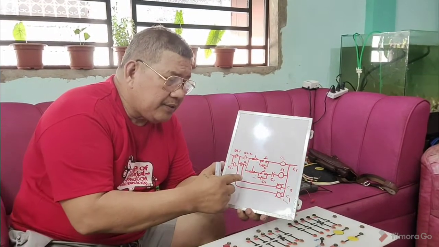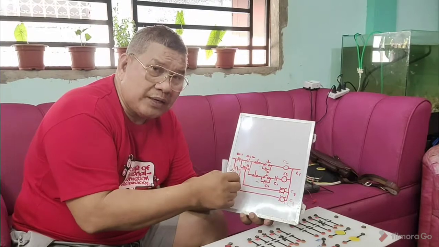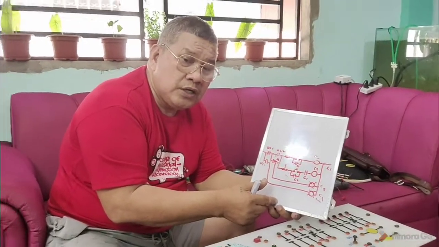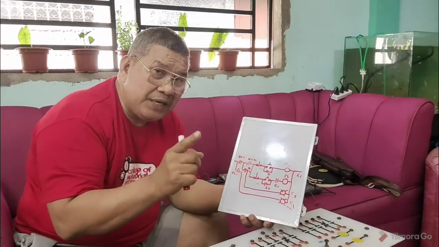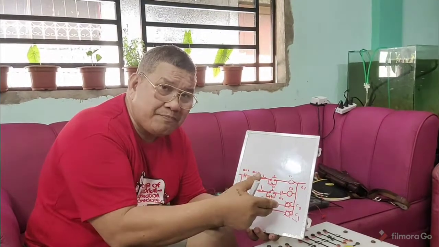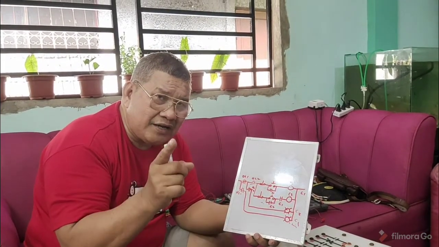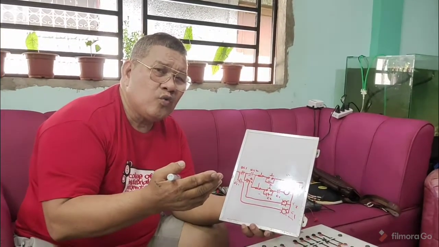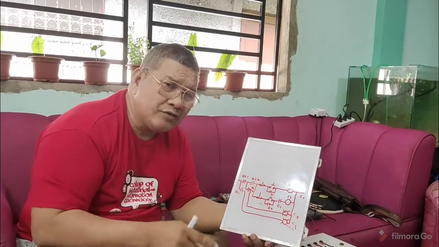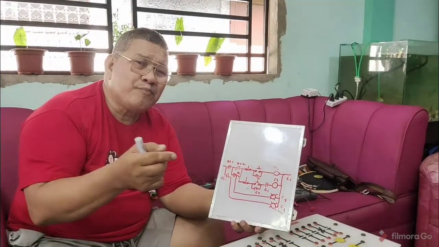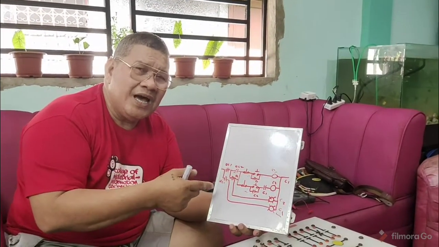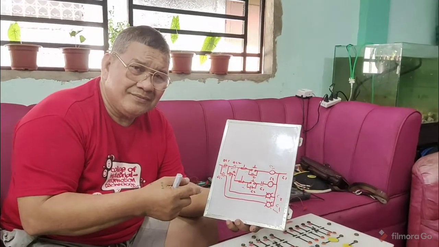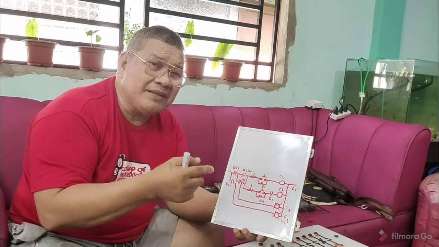Now remember, we are doing this manually by having 2 push buttons. But there would be another diagram, the same problem, but because the condition is that after a few seconds, conveyor number 2 will cease to operate. Meaning, we are now installing a timer, a time delay relay.